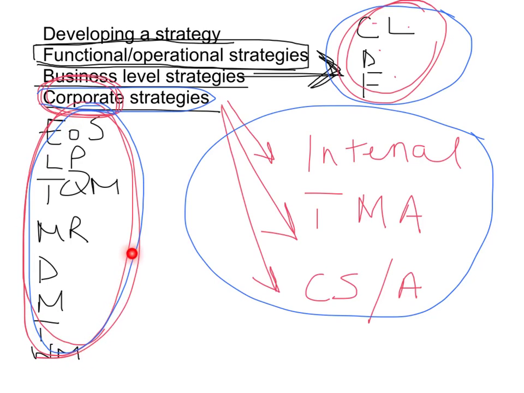I want you to think about APSL. What might, out of all of these ones here, what might the functional strategies be? Or could you think of anything else that the business is trying to achieve through specific functional strategies? So don't move on to the next slide until you've thought about that and gone through your case study.